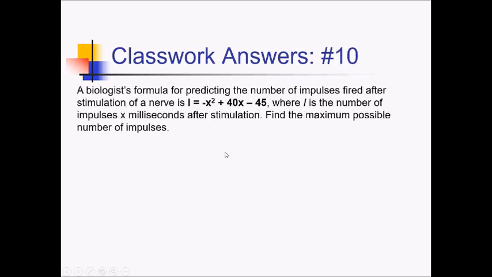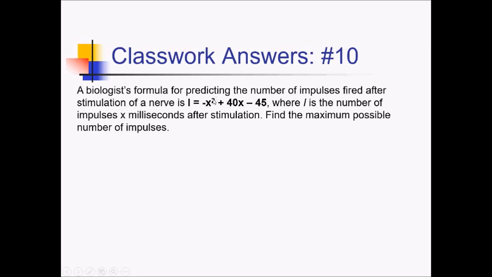For this problem, a biologist's formula for predicting the number of impulses fired after a nerve is stimulated is given by this I function right here, where I is the number of impulses, x milliseconds after stimulation. We want to find the maximum possible number of impulses. Okay, so we need to find the time at which that happens and then plug that into this function.